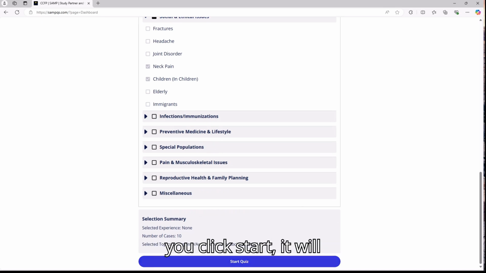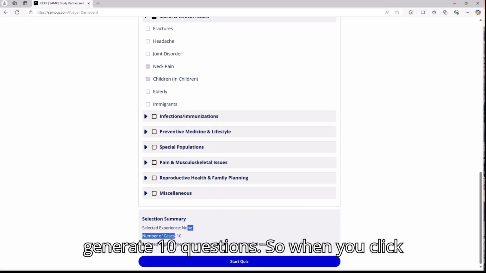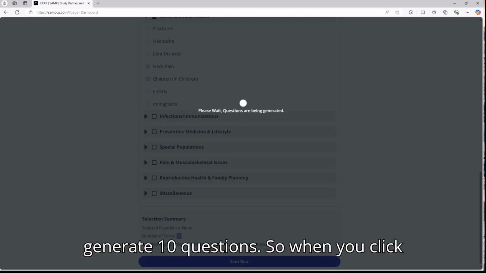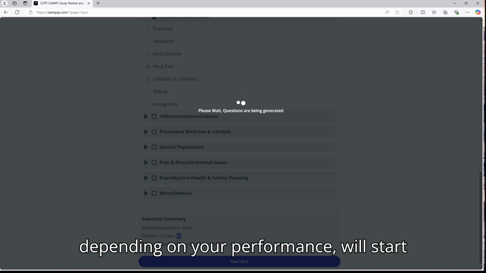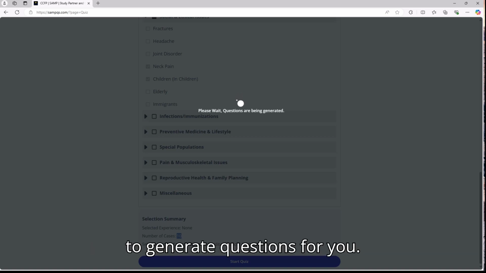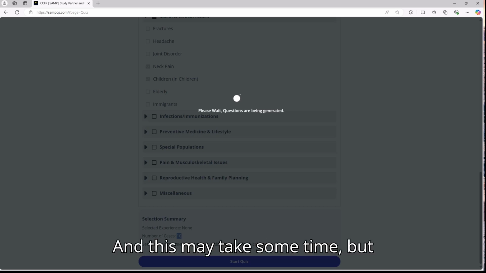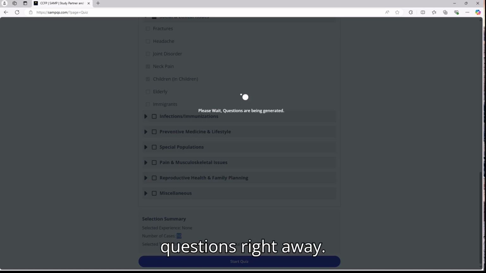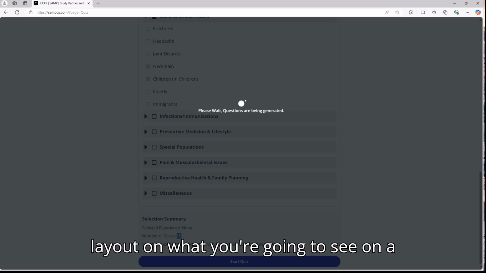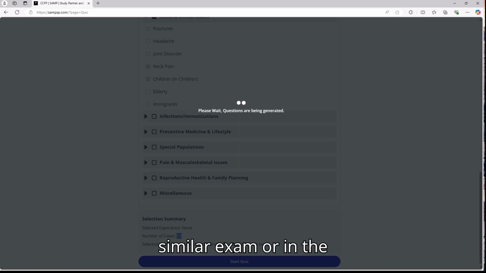Now when you click start, it will generate 10 questions. When you click start, the model, depending on your performance, will start to generate questions for you. This may take some time, but once it's generated it will show the questions right away, and it's a very similar layout to what you're going to see in the exam.